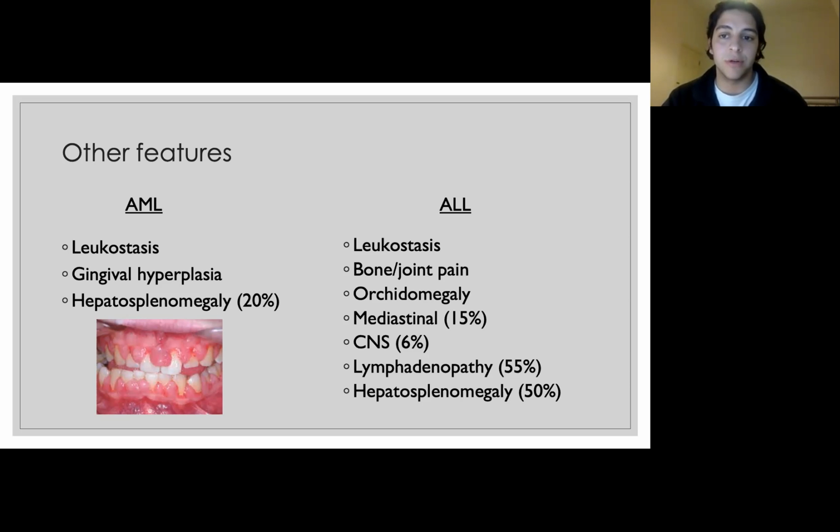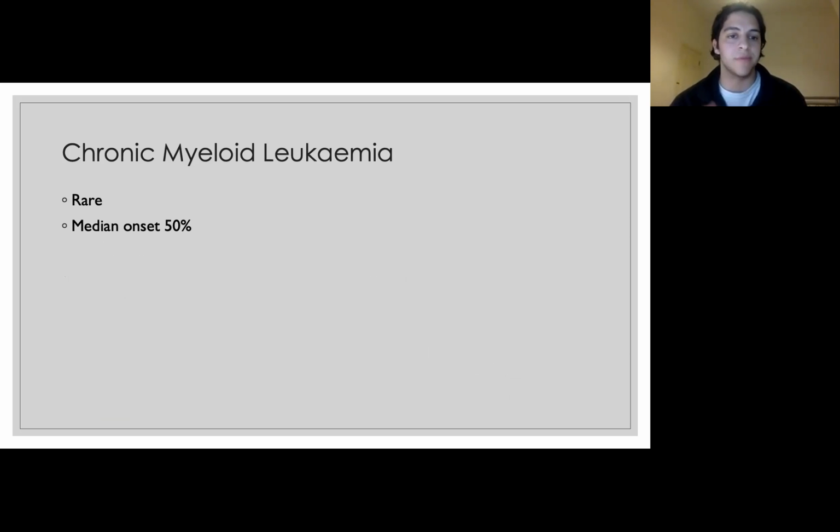So I'll move on to chronic leukemias now. In the same way that acute leukemias are divided into AML and ALL, chronic leukemia is divided into CML and CLL. Starting with CML, it's quite a rare cancer, not very common. The median onset, that should say 50 years old, not 50%. And you can get a blast crisis, which means that chronic leukemias can transform to acute leukemias, more commonly AML.